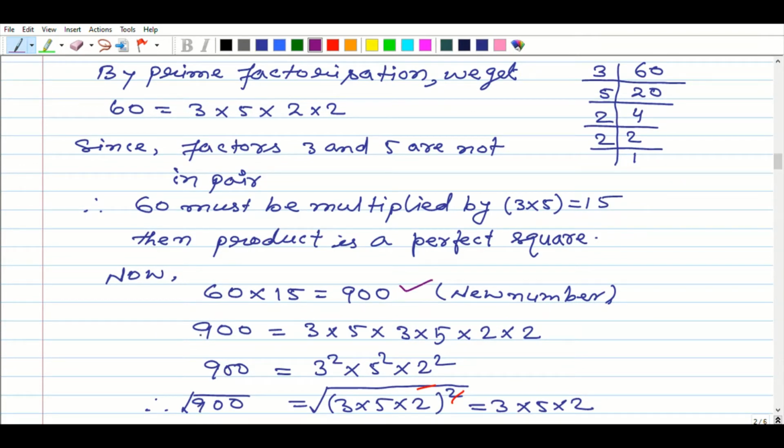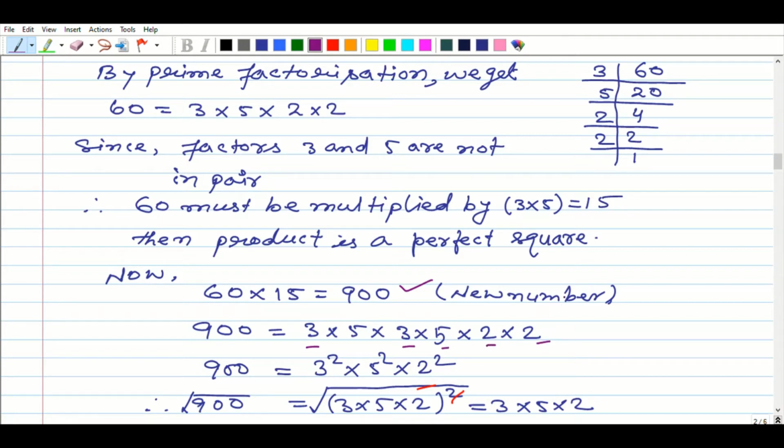On the left hand side we put the 900 and all the factors above we write here, and included we have multiplied by 3 into 5, so it is also included here. So you see 3 and 3 making a pair, 5 and 5 making a pair, 2 and 2 making a pair. Our question is solved.